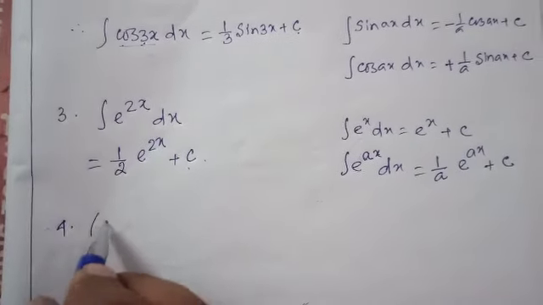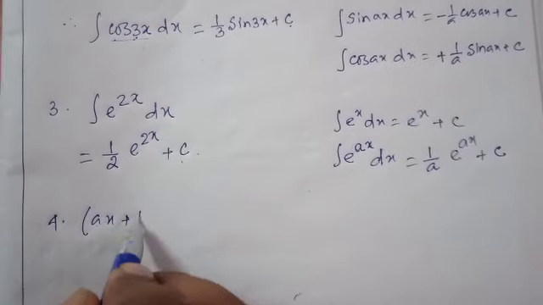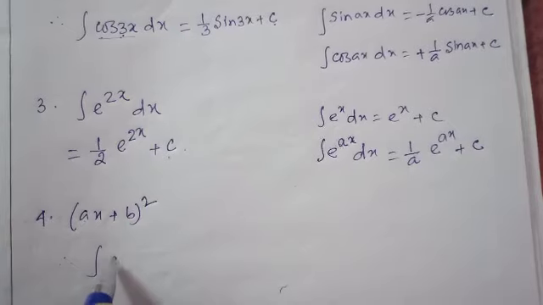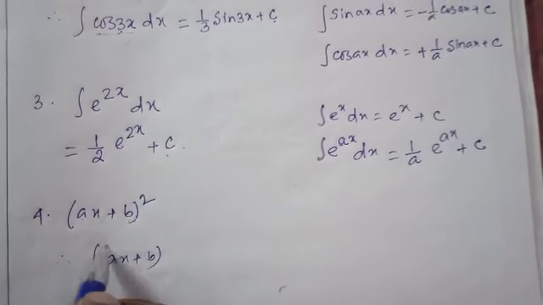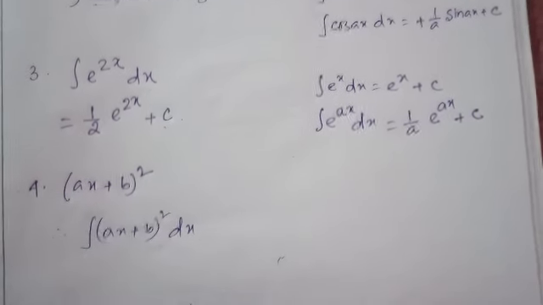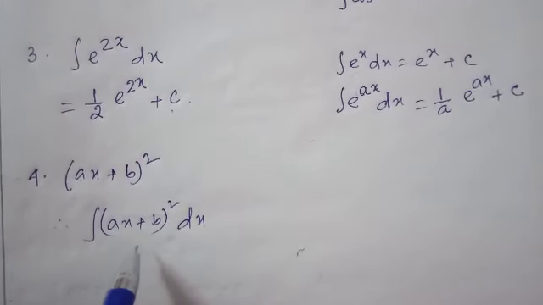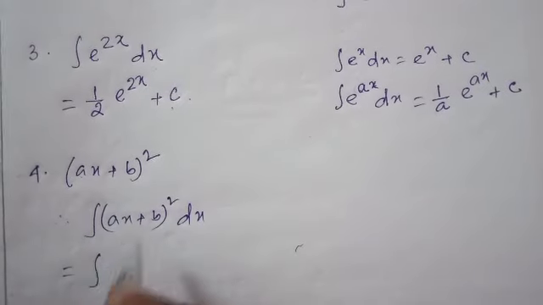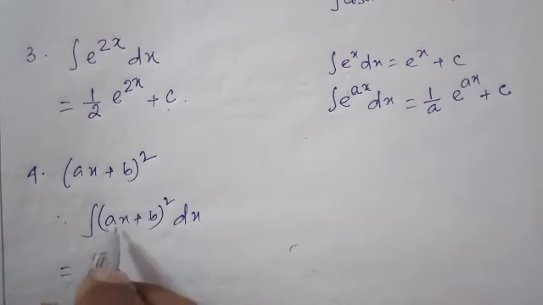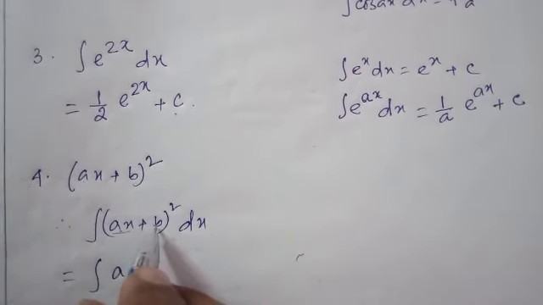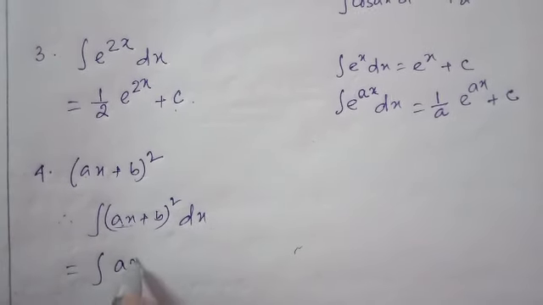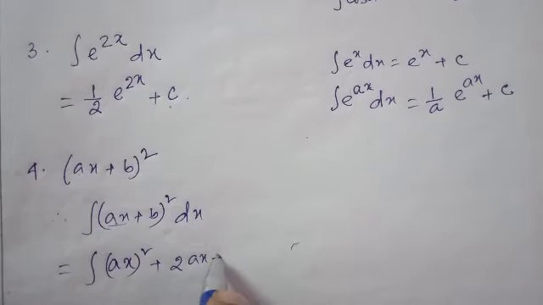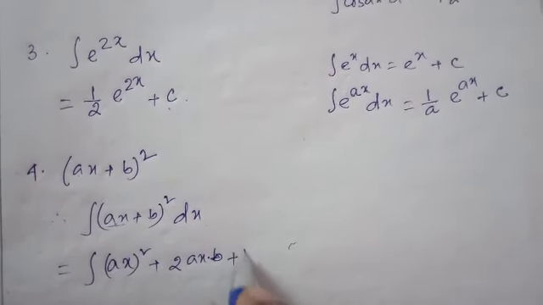Next one, question 4, the integration of ax plus b whole square dx. We don't know a formula of this type, so how do we solve it? First we break it up. Consider ax as one term and b as the other. The formula (a plus b) whole square is a square plus 2ab plus b square.